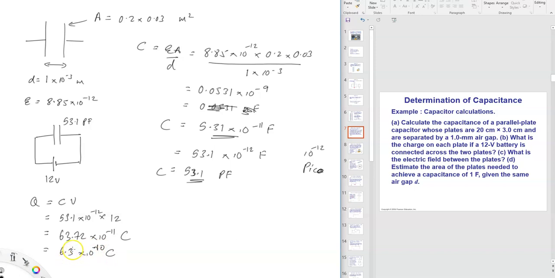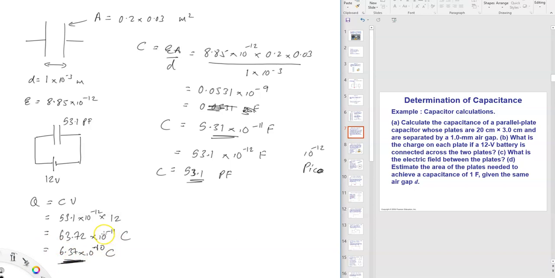That's better, I guess. So that's the charge. Okay? So the positive plate will have this much charge, the negative plate will have equal but negative charge. But when it says charge, we just give the charge of the positive plate.